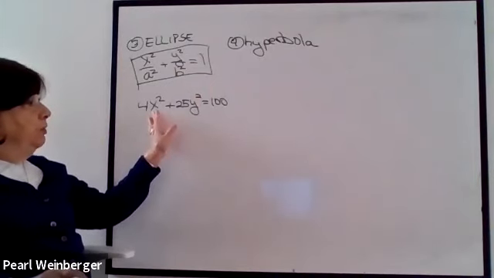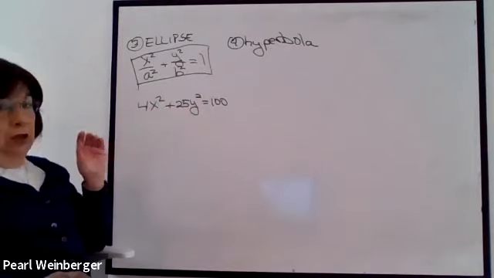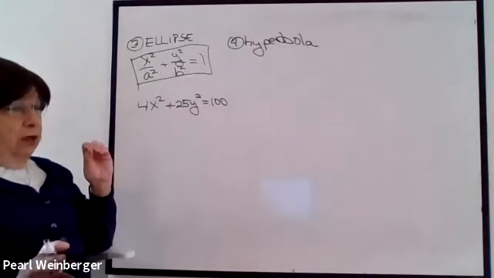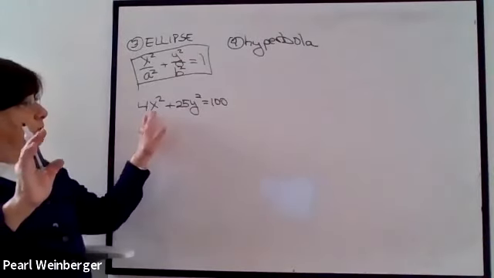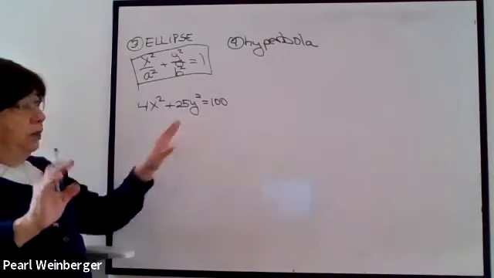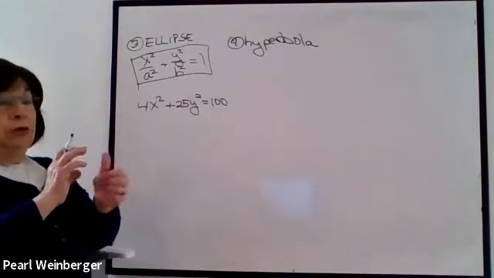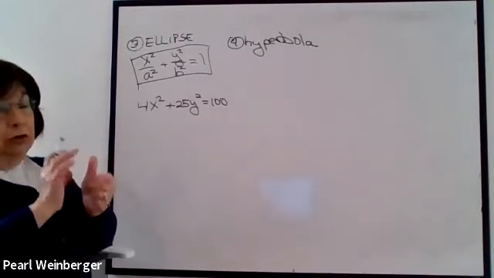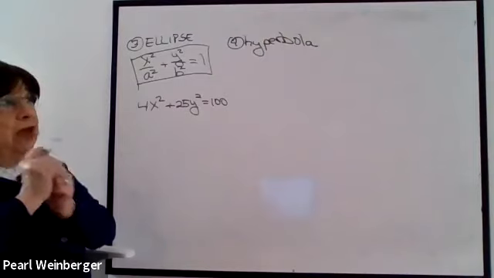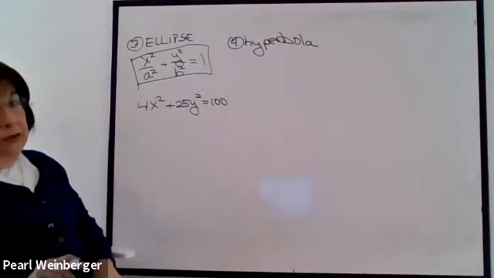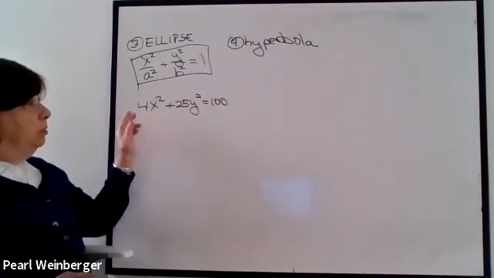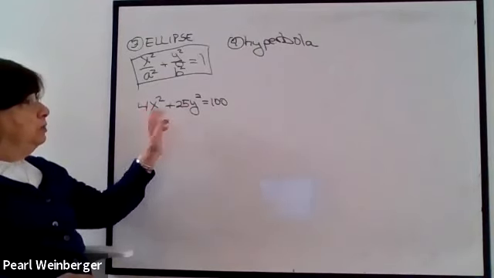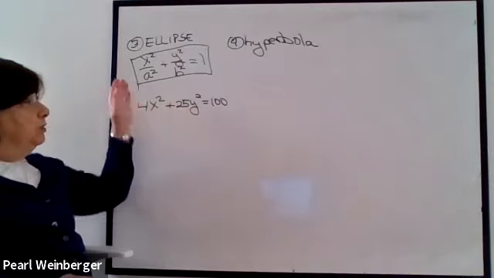Now again, let's start from the beginning as if we know nothing. First of all, I see both an x squared and a y squared in my equation. It's obviously a quadratic equation. It's definitely not a parabola because it has both x squareds and y squareds. It'll turn out all three, the circle, the ellipse, and the hyperbola, have both x squareds and y squareds. So how do we recognize that this is not a circle? That's because there are numbers in front of the x squared and the y squared.